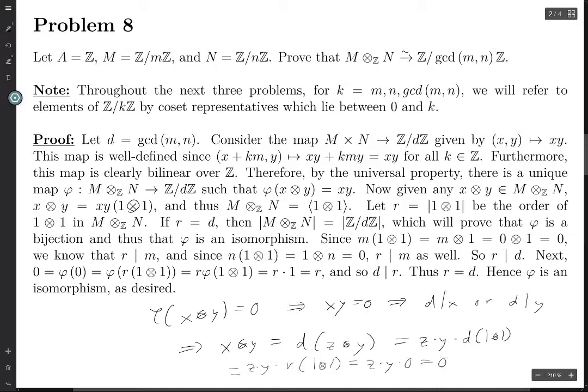So m times 1 tensor 1 is m tensor 1. Well, this is 0 times 1 because the first coordinate is in z mod mz. And that's just 0 because of bilinearity of tensor products.